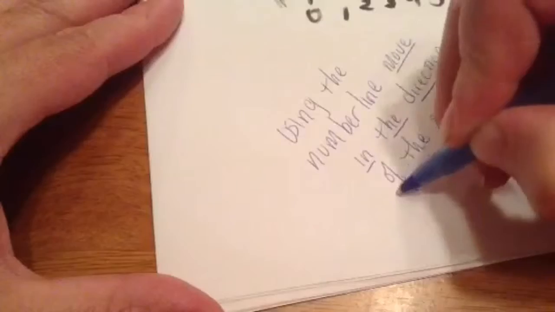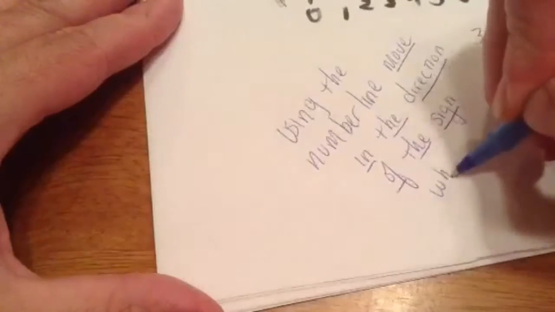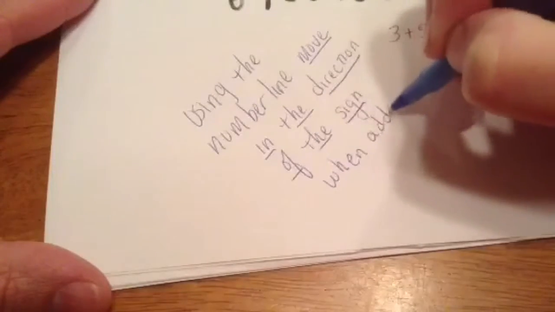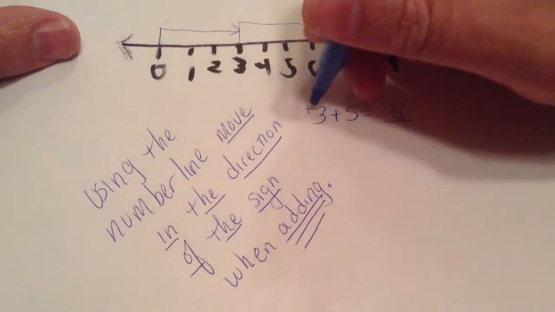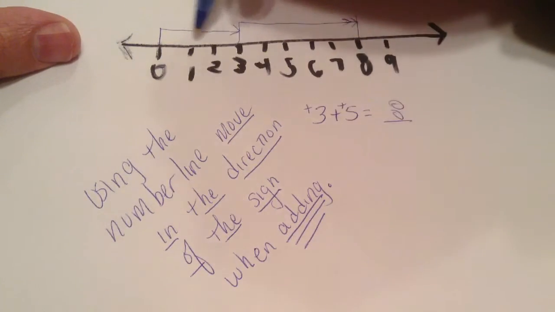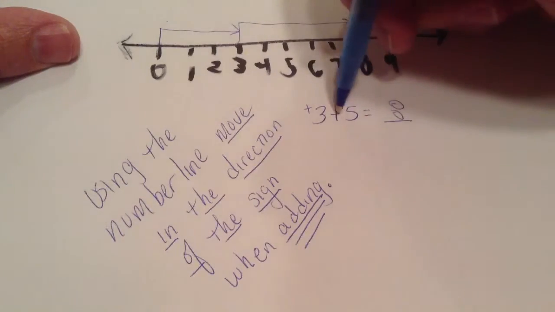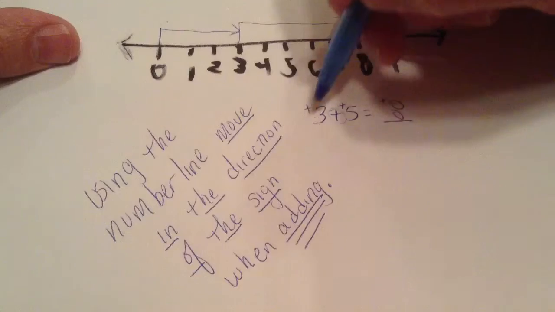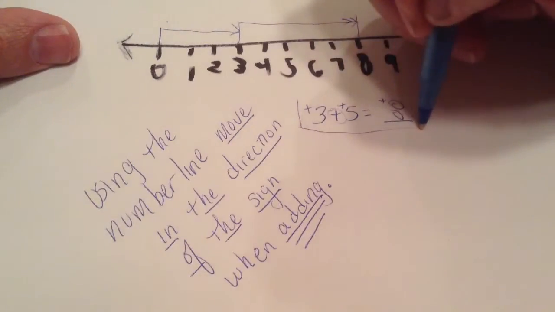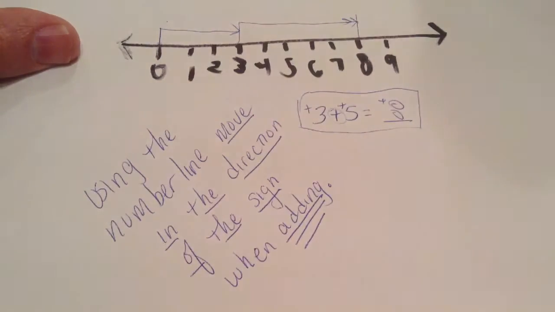So once again, you just want to make sure you move in the direction of the sign when adding on the number line. So when you add a positive 3 and a positive 5, you go in the positive direction on the number line because we're adding, and we end up at a positive 8.